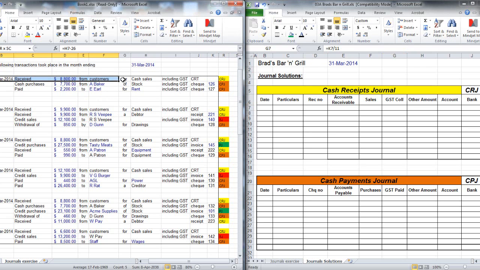We can receive money by our customers for a cash sale. So if you're in a retail store, someone would give you $50 for a t-shirt, you put that into a cash sale. We can receive money from a customer, again another cash sale. We can receive money from a customer that we gave credit to.